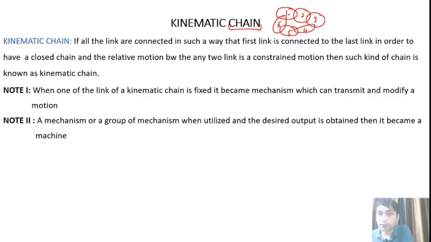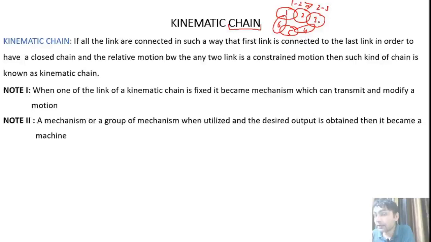My dear, note. Suppose I take link 2 in my consideration. Link 2 makes a pair between 1 and 2 and between 2 and 3.